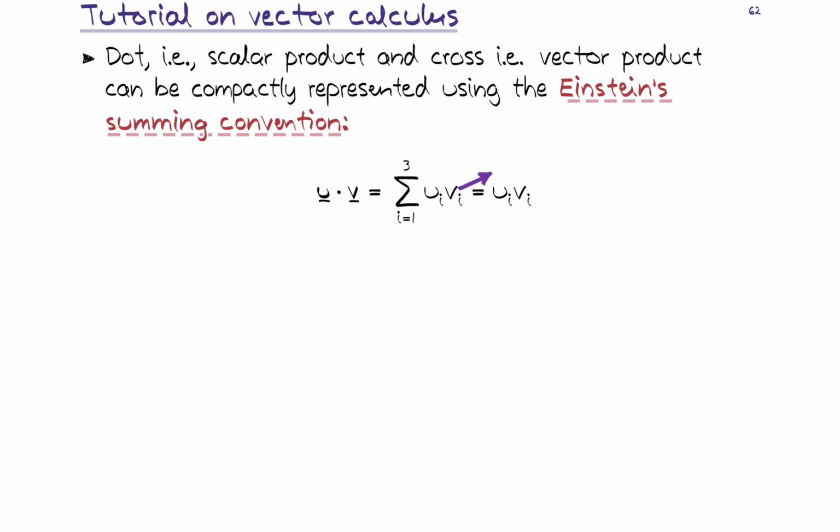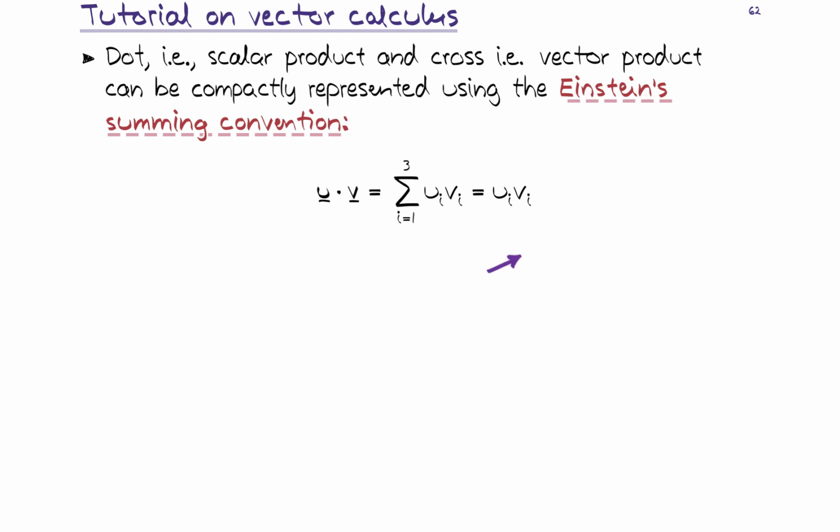So whenever we have two indices that are the same, we do not need to write the summation out; we can just skip it altogether. Implicitly, this notation means that we must sum over all the indices. It's not an explicit notation, so we are hiding the summation, but of course it means that we should do something.